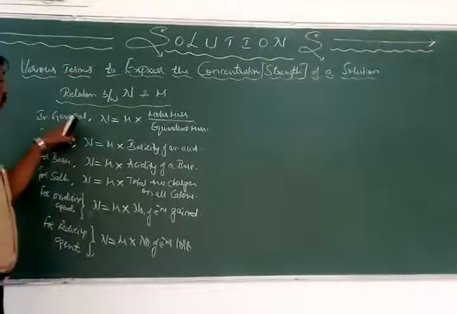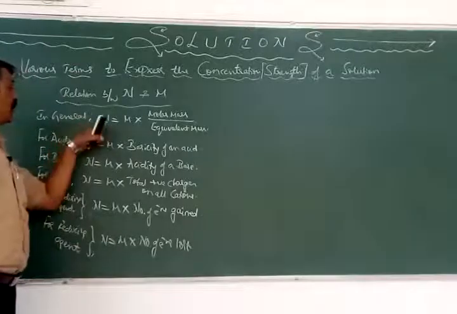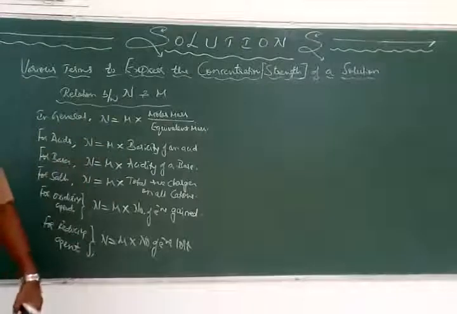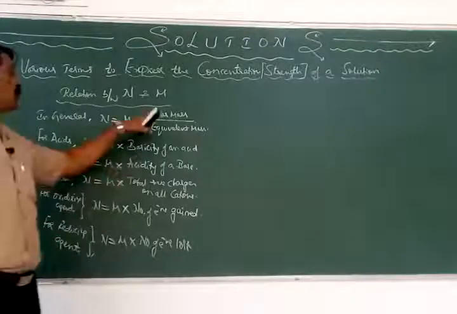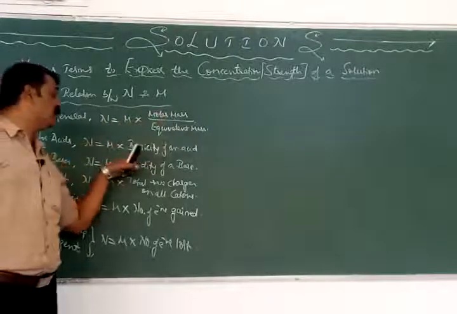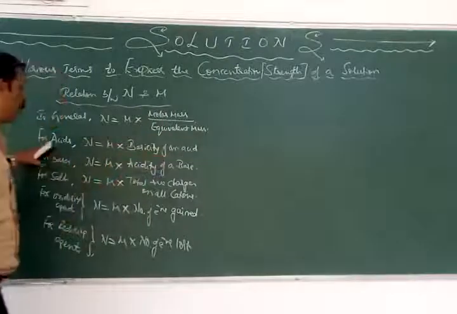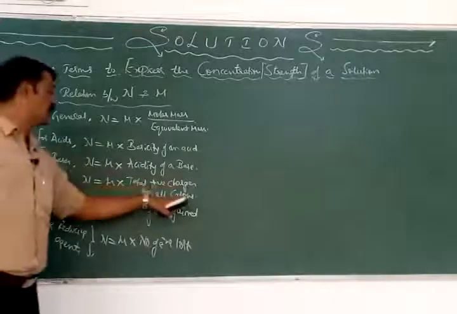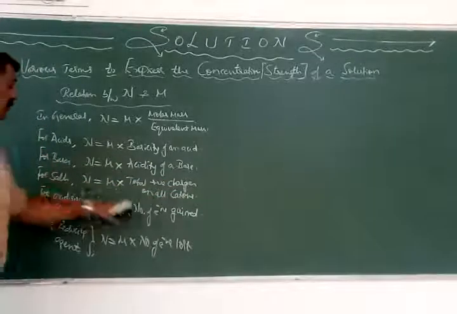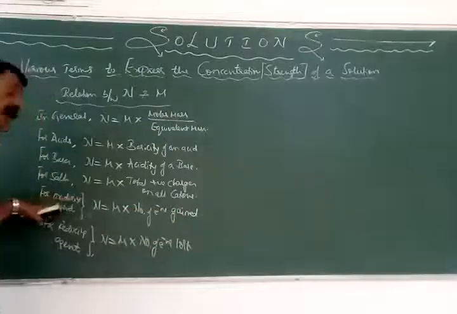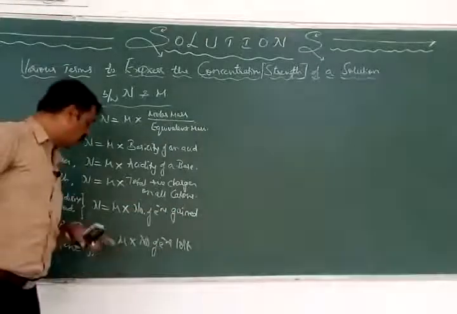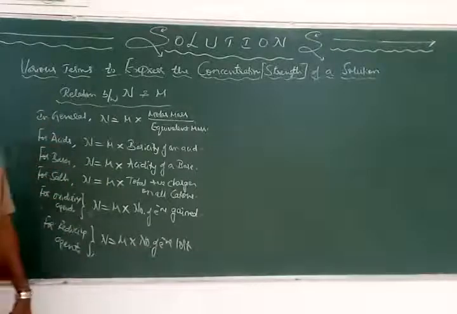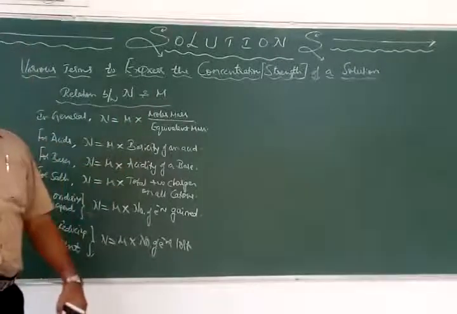In general, it is better to remember that normality is equal to molarity into the molecular mass divided by the equivalent mass. The ratio of molecular mass to equivalent mass gives the basicity for acids, acidity for bases, total positive charges on all cations for salts, number of electrons gained for an oxidizing agent, and number of electrons lost for a reducing agent.